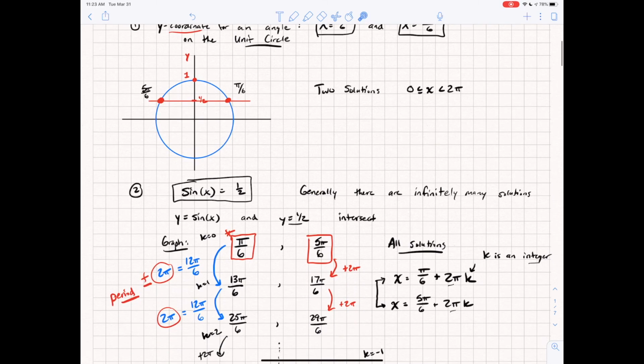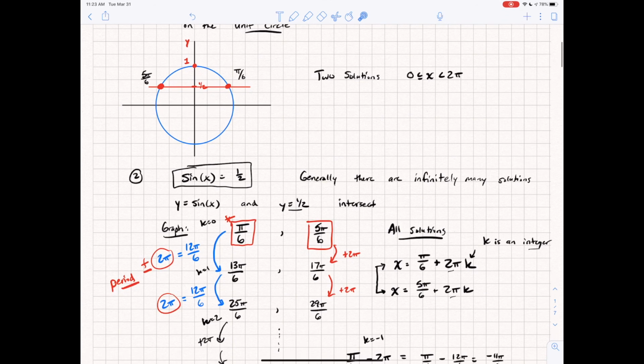But if I want to go through and find all of the solutions, every possible angle that works, if I do not want to be stuck to just one revolution, notice that I'm still taking those two initial answers that we found, and then I'm adding 2 pi k to them. This represents every possible answer to my original function, my original problem, this equation here.